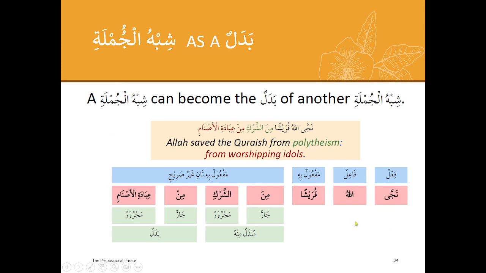Allah did the action. And then we describe this as Jar wa Majrur. This is Mubdalun minhu, and min ibadati asnam is the badal. What is being replaced or defined here? Polytheism and worshipping idols.